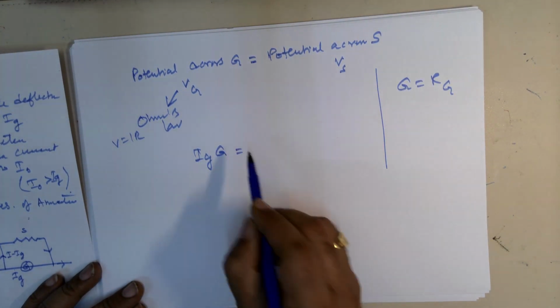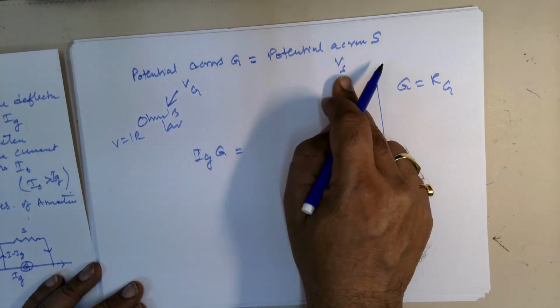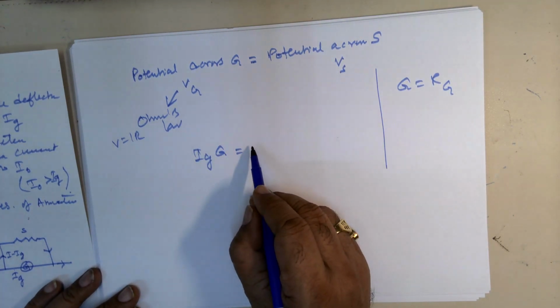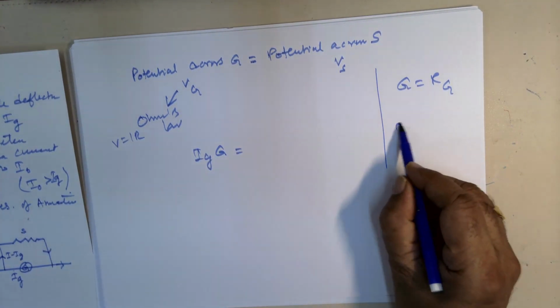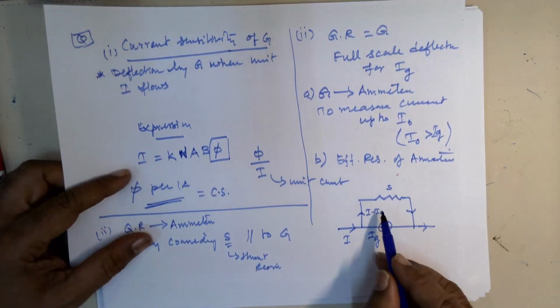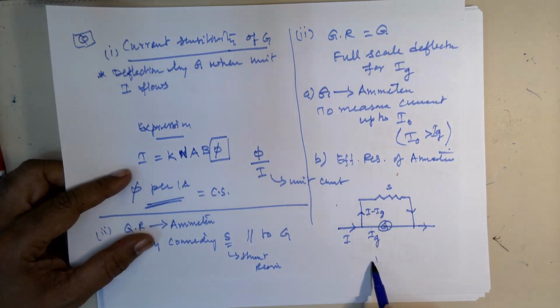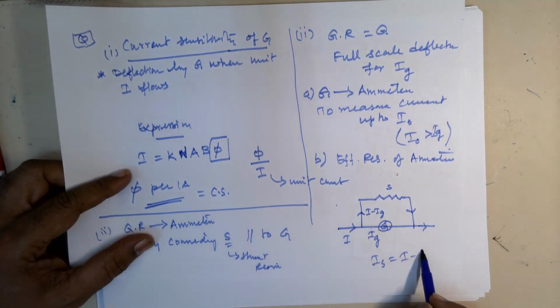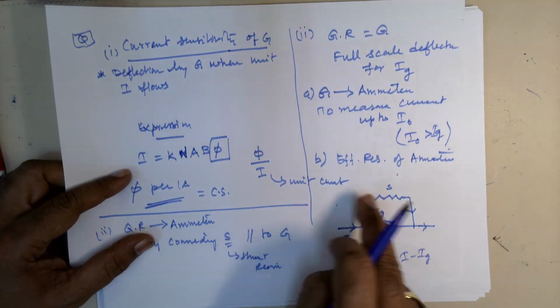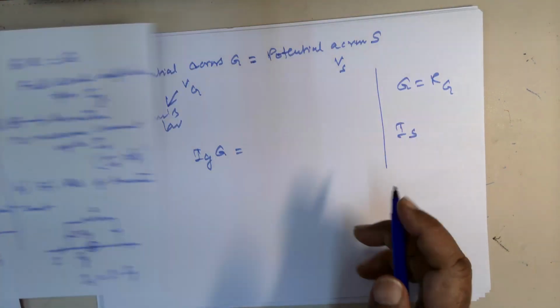That is equal to, and what about this Vs? That is Is. So what is this Is? Is is equal to I minus Ig, because that is the current passing through the shunt.